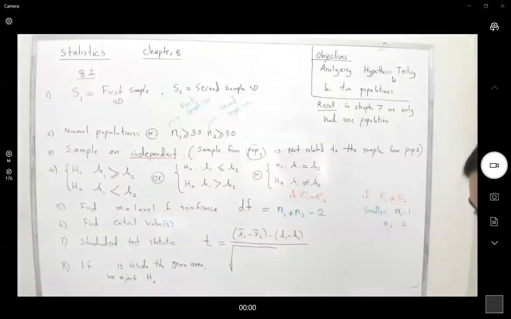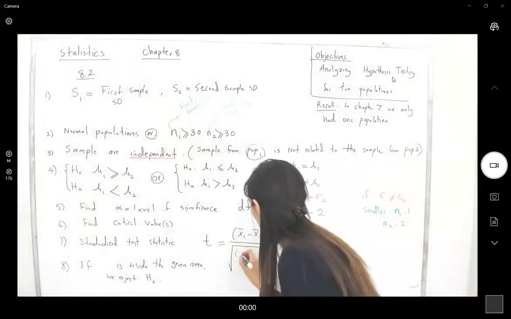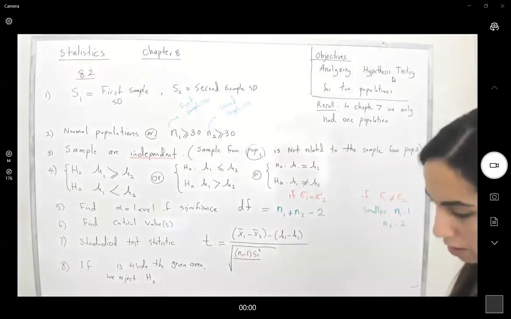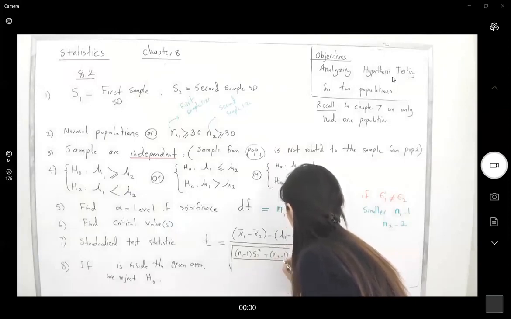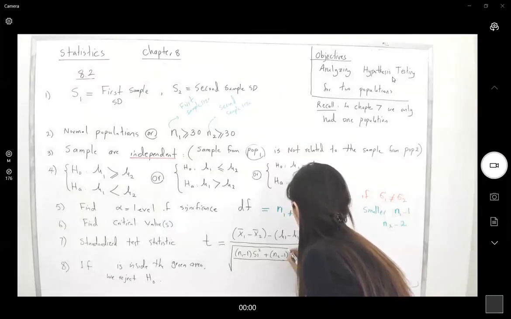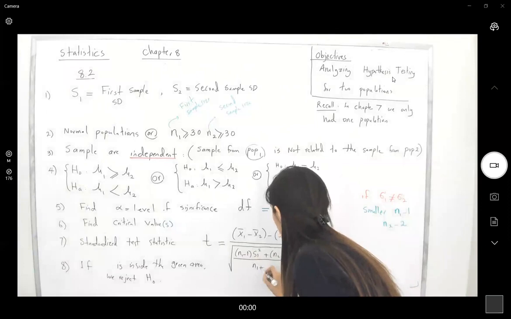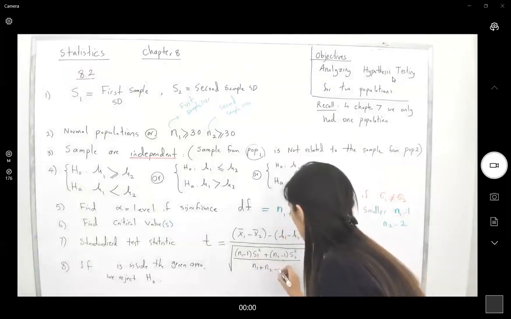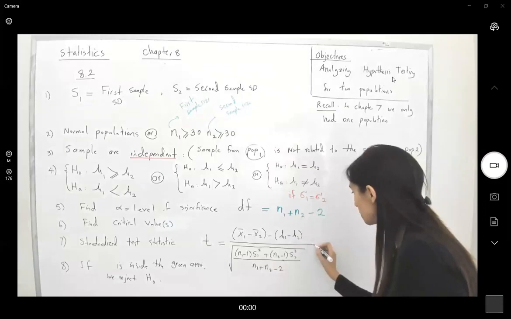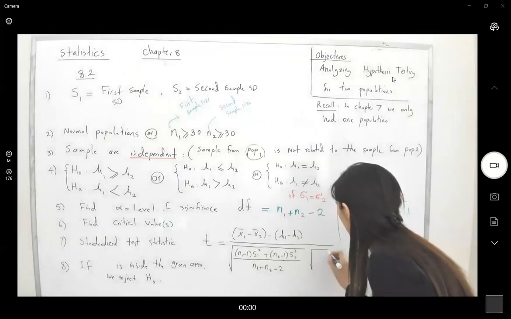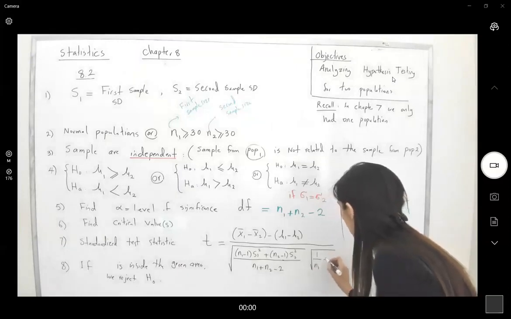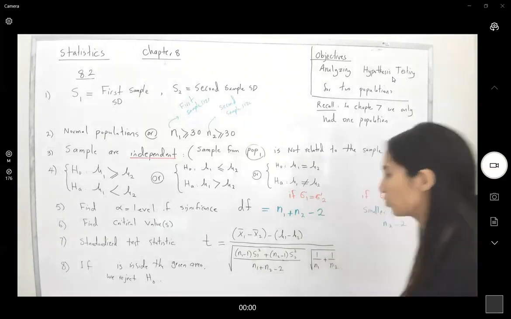Note that here we have the formula that says N1 minus 1 times S1 squared plus N2 minus 1 times S2 squared, divided by N1 plus N2 minus 2, times the square root of 1 over N1 plus 1 over N2.